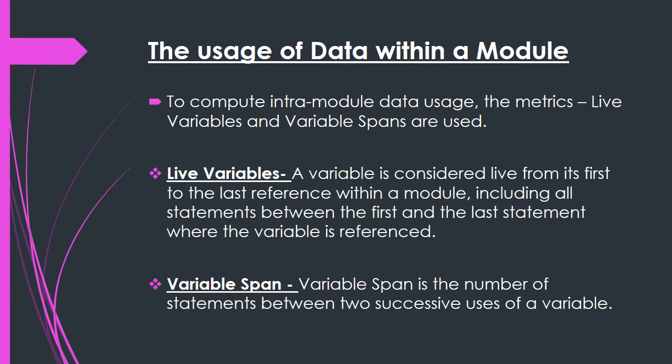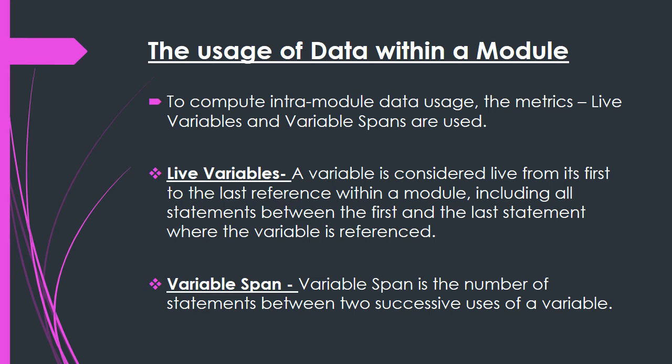So first, let us discuss what a live variable is. A live variable is considered live from its first to its last reference within a module, including all statements between the first and the last statement where the variable is referenced. That means in the case of live variables, we are determining how long the variable was live.